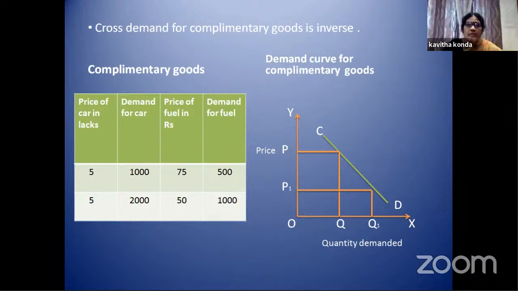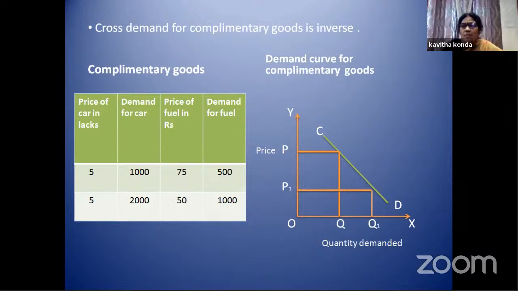When the price of the car remains the same at 5 lakhs, but the fuel price decreases from 75 rupees to 50 rupees, the demand for cars increases to 2000, and the demand for fuel also increases to 1000.